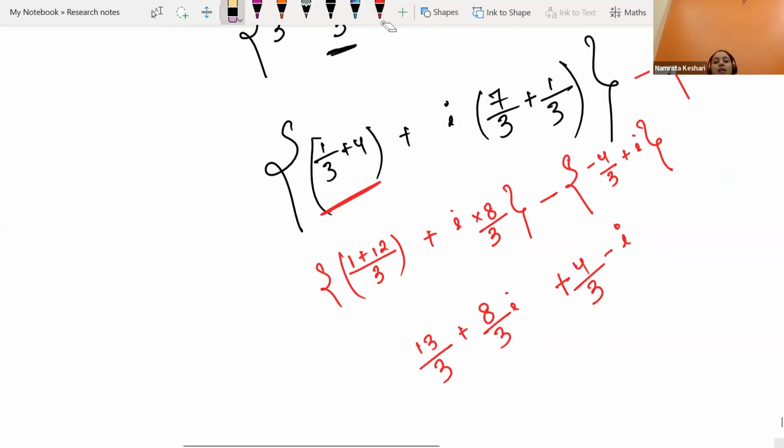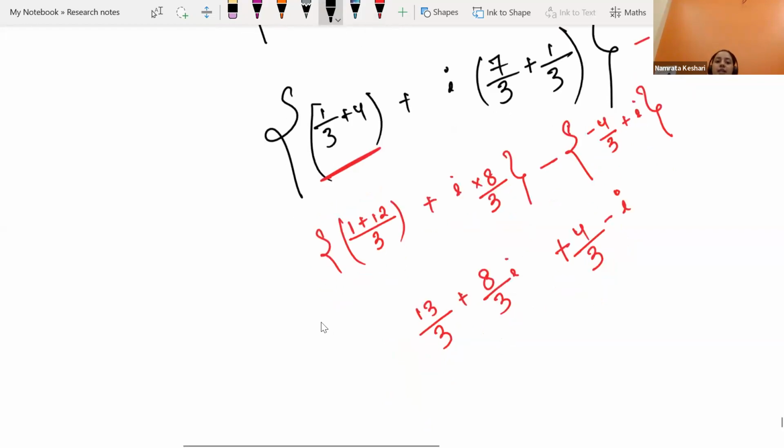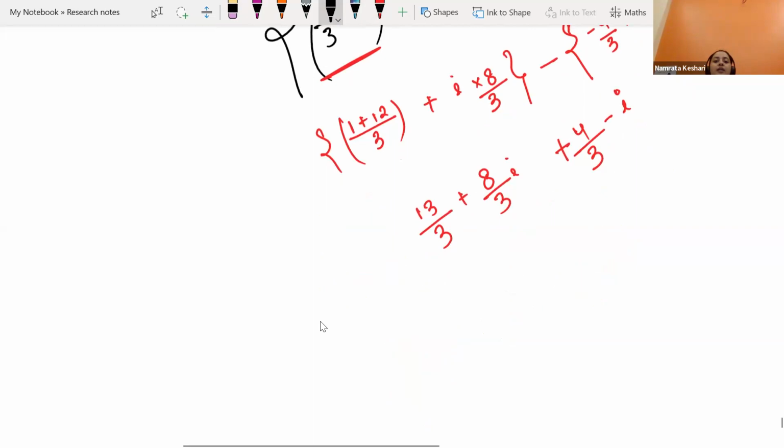See, we have to collect all the real part together and add them. Now we need to collect all the imaginary part together and do the simplification. That's it. If we keep on doing like this, we will end up getting the result 13 by 3 plus 4 by 3, 13 plus 4, 17 by 3.